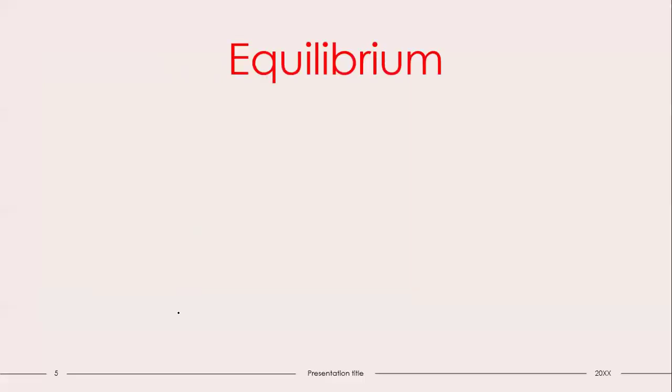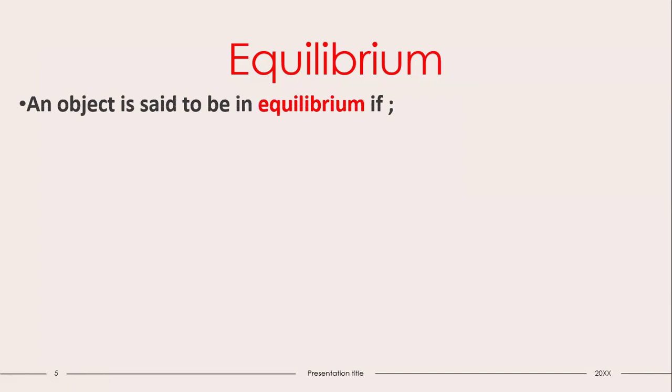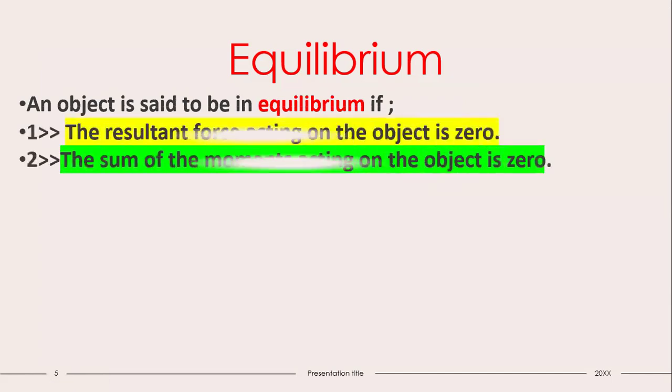So let's start with equilibrium. Well, this is a very common everyday life word. Equilibrium, balanced state. So if we look at equilibrium, we can say that any object can be in equilibrium if it is satisfying two conditions.